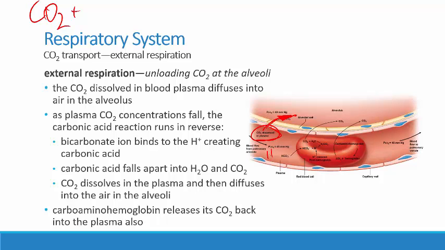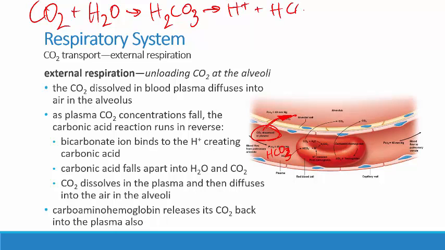So rather than making carbonic acid that falls apart into hydrogen and bicarbonate ion, we run the reaction in the opposite direction. We find some hydrogen ions and attach them to make carbonic acid, and that falls apart into water and CO2. So now we can move the CO2 right on out that we had stored as bicarbonate ion.